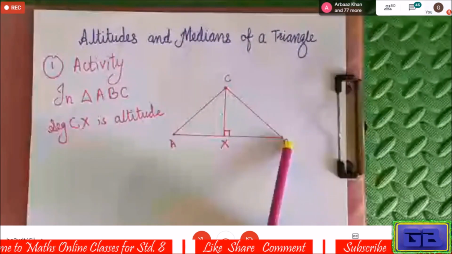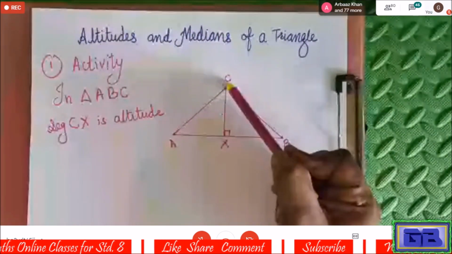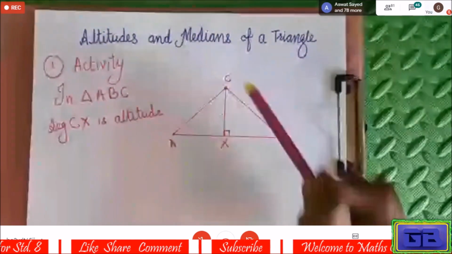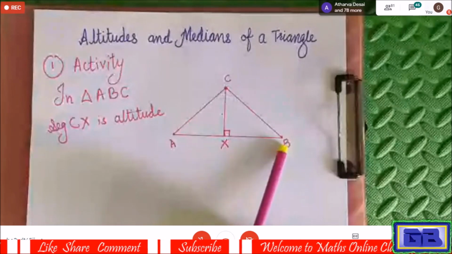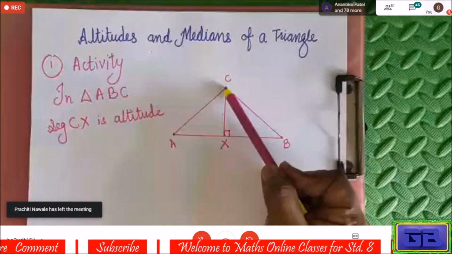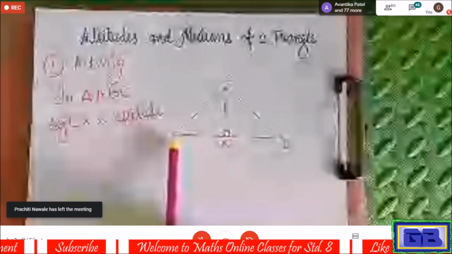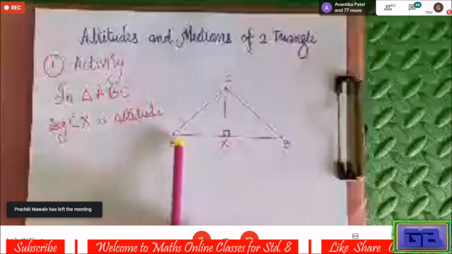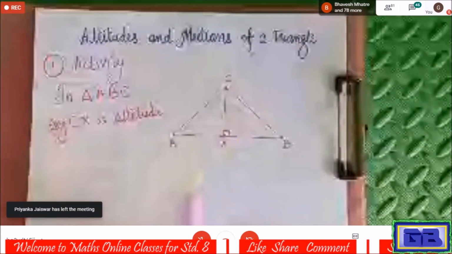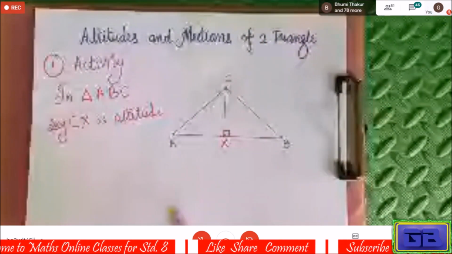Side AB is opposite to vertex C. Similarly, for vertex B, side AC is opposite, and for vertex A, side BC or CB is opposite to this vertex A.